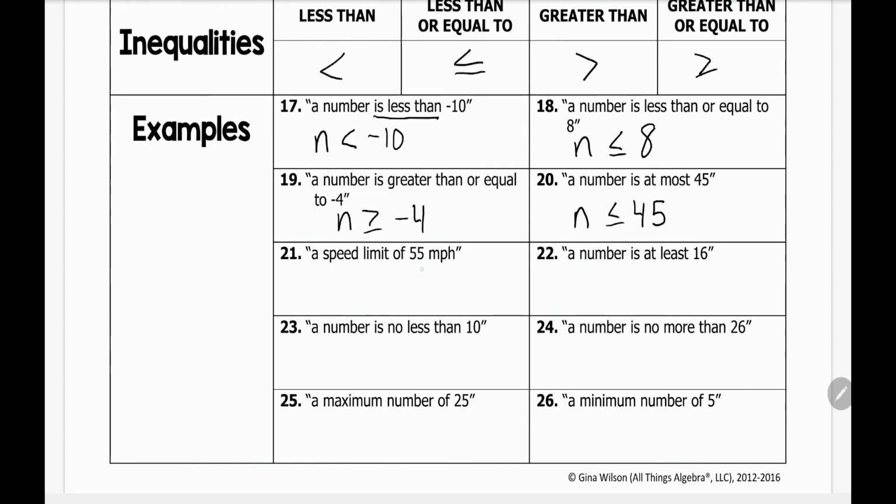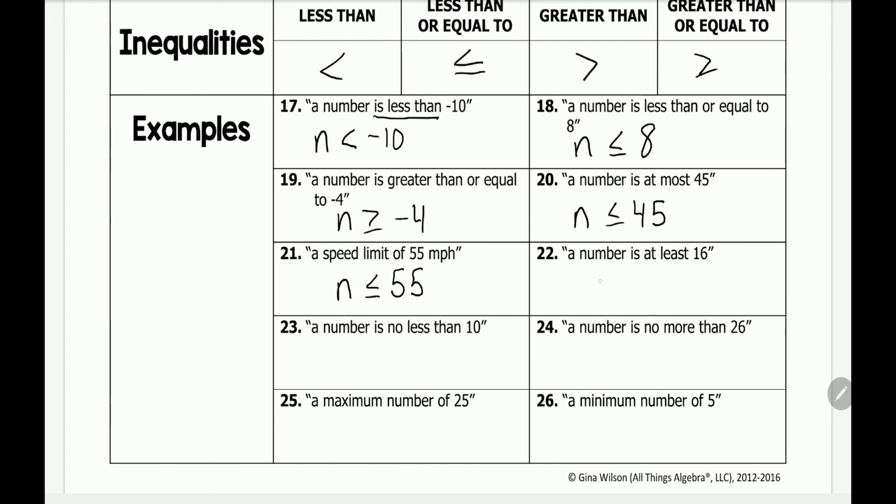A speed limit of 55 miles per hour. So, around here, I know that we don't really follow speed limits, but if we were, a speed limit means we can go any speed up to 55. So as long as we stay less than or equal to 55 miles an hour, we most likely will not be pulled over.